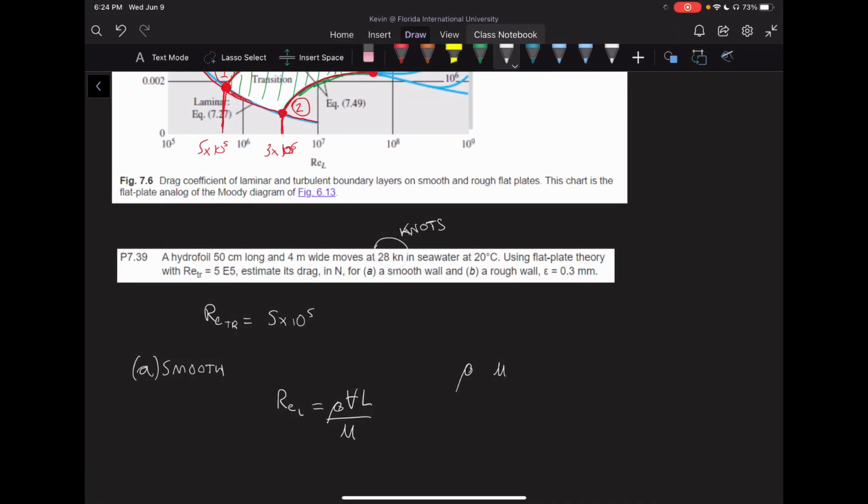Going back to here, I'm going to write that rho is equal to 1025 and mu is equal to 0.00107. The other thing we need to know is what knots convert to. 28 knots is actually equal to 14.4 meters per second.